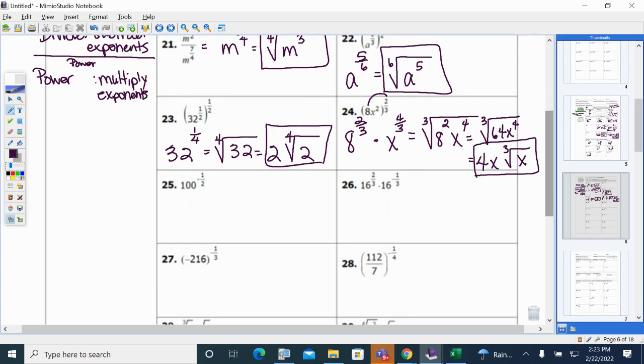Negative exponents, here's another one I forgot to add to the list. Negative exponents, you need to flip. You're going to think flip or reciprocal.